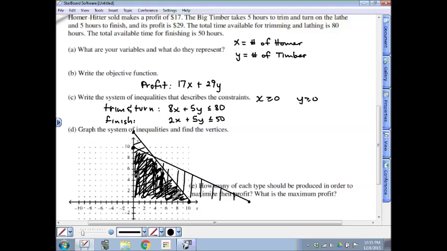Once you've identified what's called the feasible region, or the double shaded region, you need to identify the vertices. That's this point, and this point. So we have (0, 10), we have (10, 0), and then this point right here can be found since it's the intersection of two graphs, and the graphs came from these inequalities, so the intersection would be the solution to the system of equations.